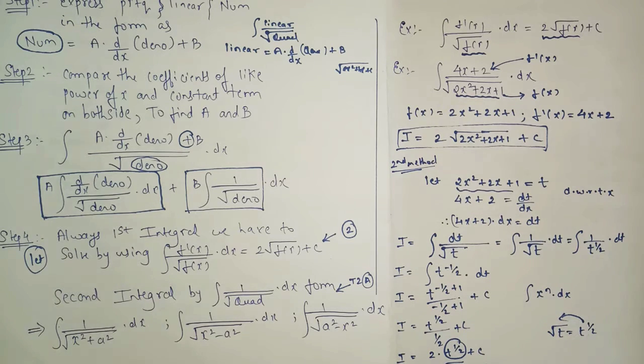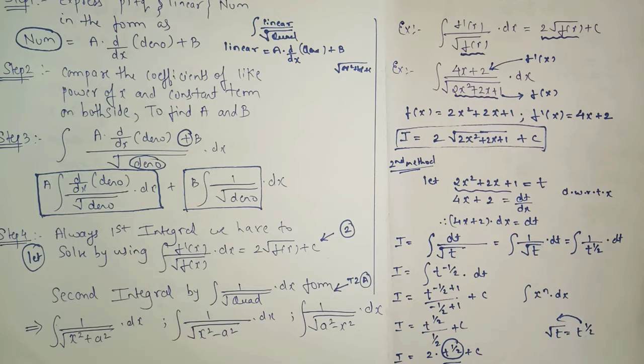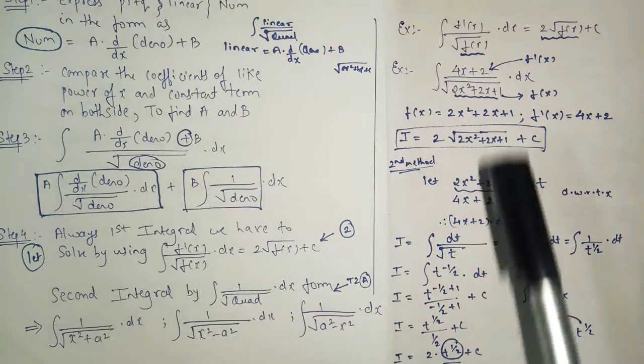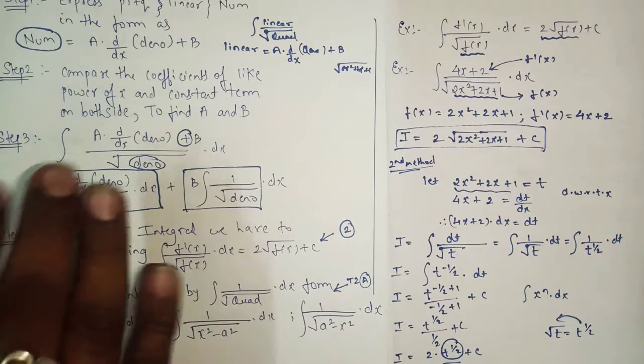It is up to you to keep the format exercise wise or type wise, but the better way is to keep the sums type wise. Like this part is type number 2a, this part is type number 2b, so in this way you can remember it: this is type number 1, this is type number 2, like that.